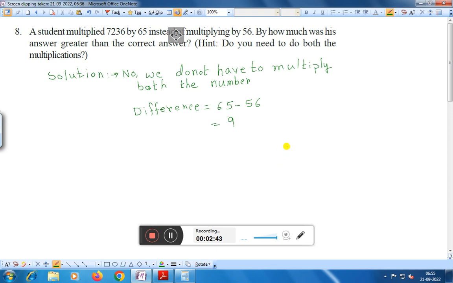7236 multiplying by 9. 6 nines are 54, 5 carry, here 4. 3 nines are 27, 27 plus 5 is 32, 3 carry, 2. 2 nines are 18, 18 plus 3 is 21, 2 carry, 1. 7 nines are 63 plus 2, 65.